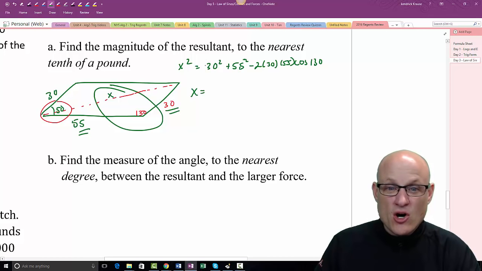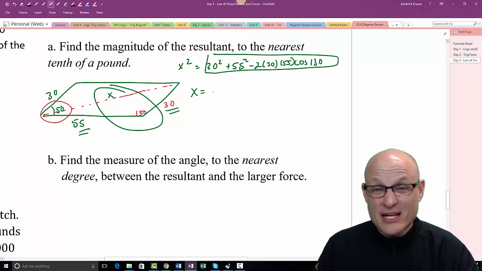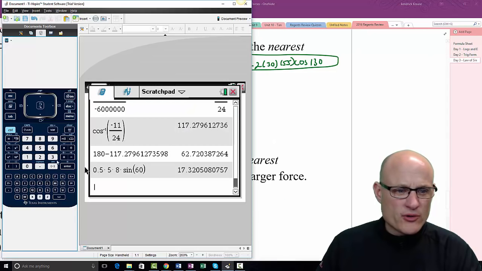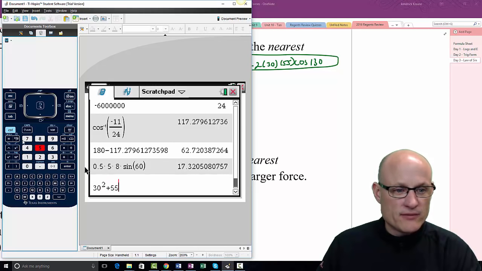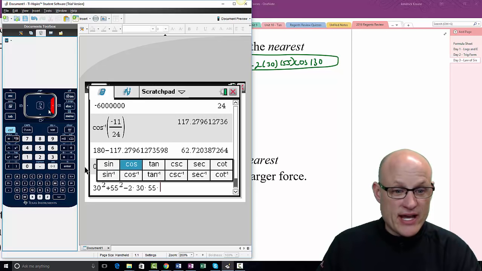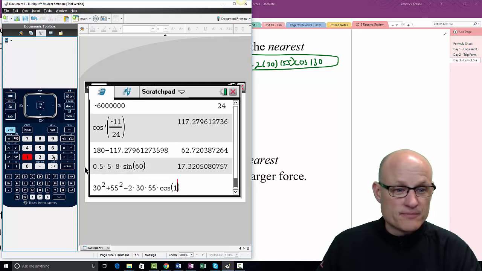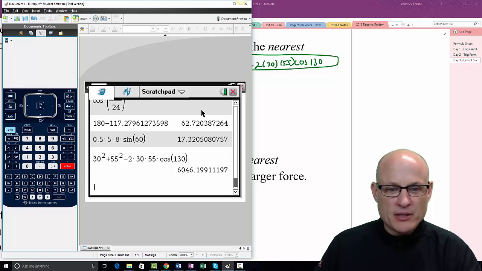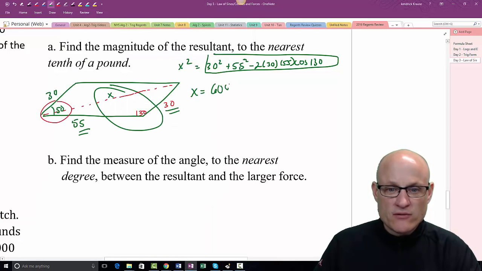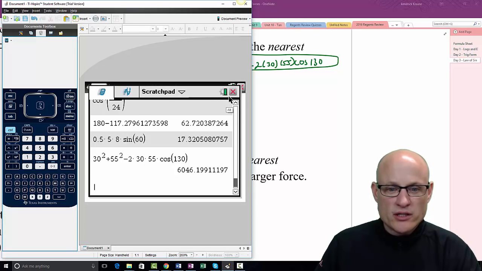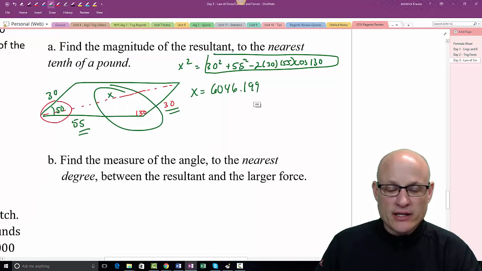Now, because all of this is numbers, I'm just going to type it in my calculator. So 30 squared plus 55 squared minus 2 times 30 times 55 times cosine, it is not sine, of 130. Big, big, big. 6046.199.